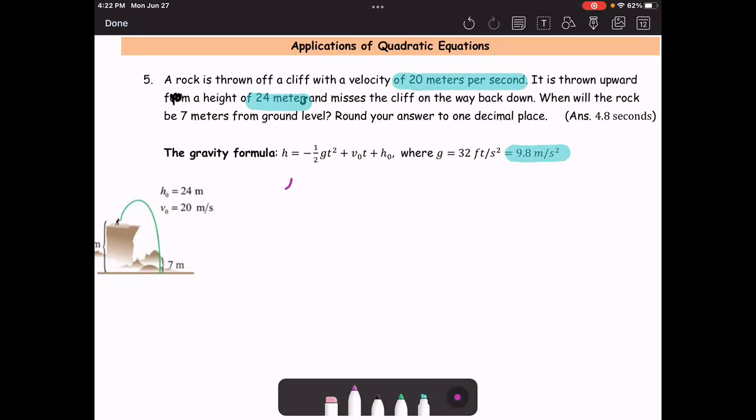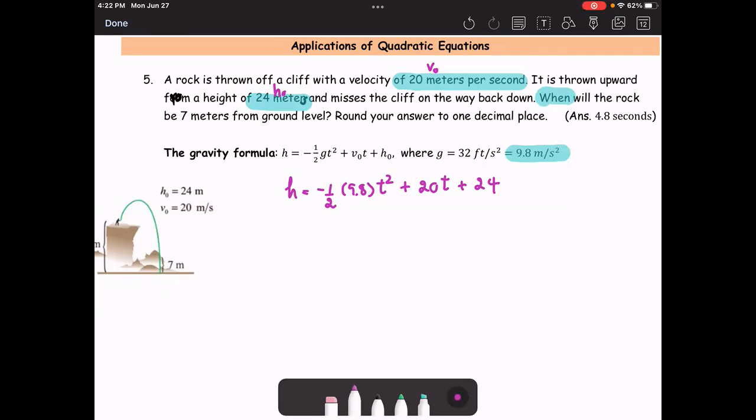Then the height formula is of the form negative 1/2 times g, which is 9.8, t squared plus 20 t plus 24. The 20 is the initial velocity and the 24 is the initial height. The question asks for the time, or when will the rock be 7 meters from the ground level.